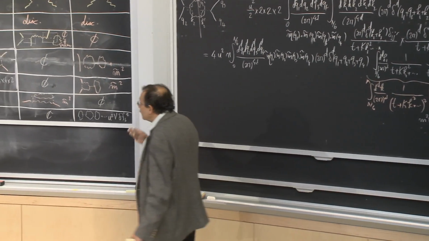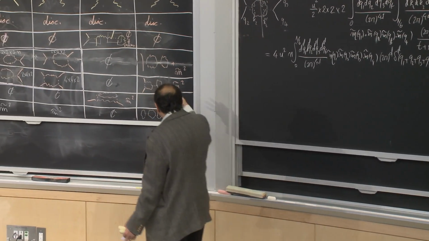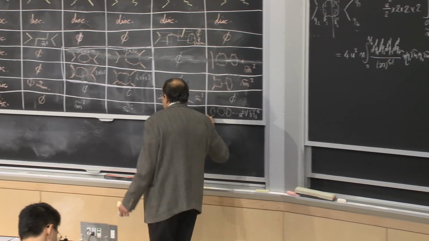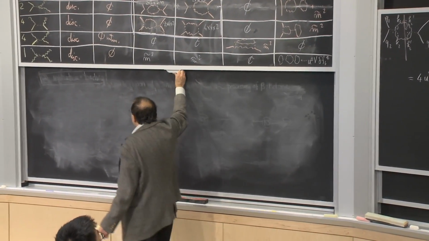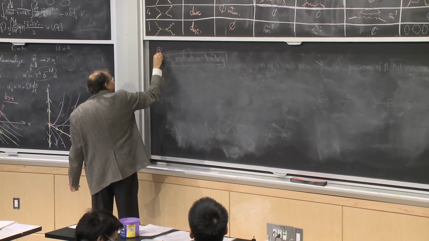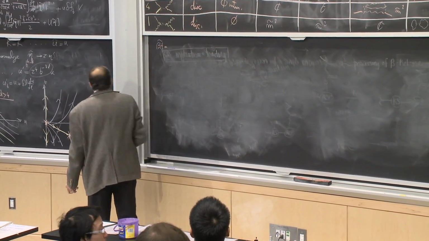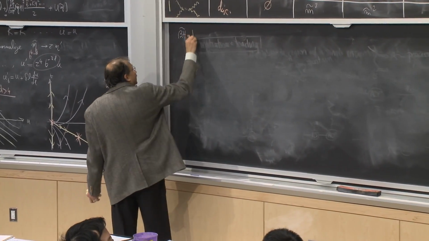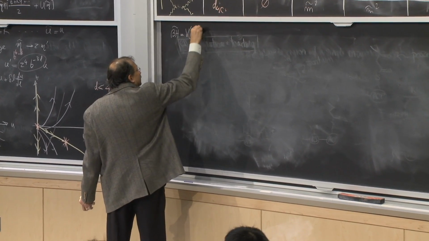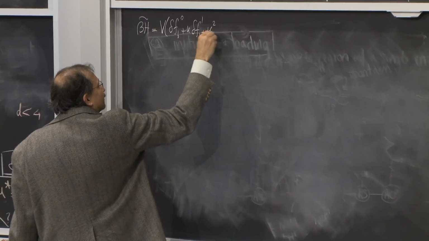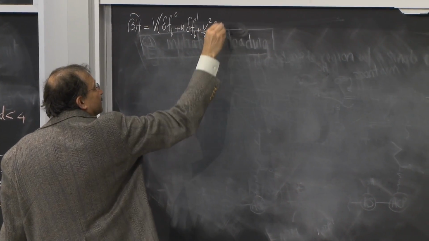So what we find at the end of evaluating all of these diagrams is that this beta h tilde, evaluated at the second order, first of all, has a bunch of constants, which in principle now we can calculate to the next order.